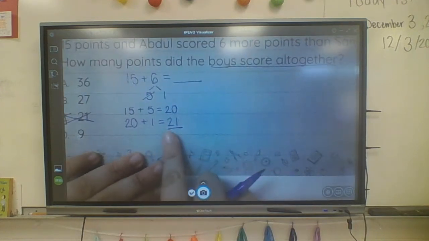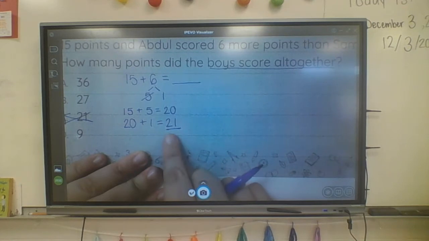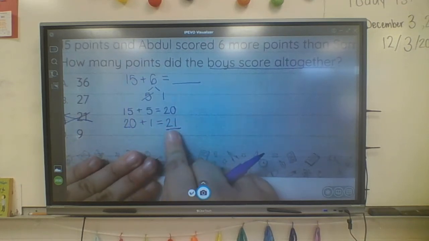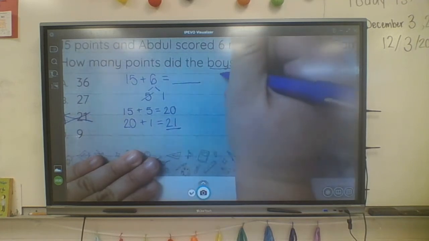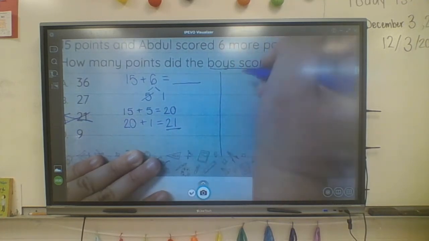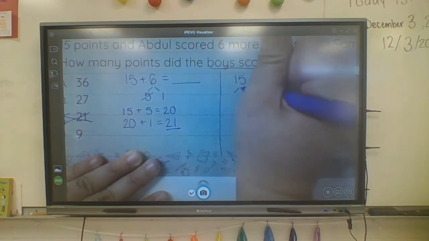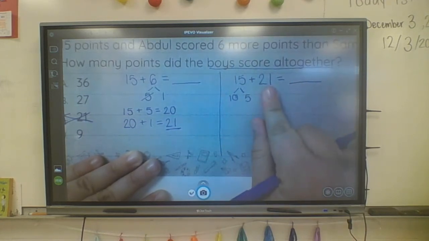So to figure out how many the boys scored all together, I'm going to take my 21 and my 15 that Sam and Abdul scored, and I'm going to add them together to figure out how many they scored all together. And again, I'm going to decompose my 15 because that's less for me to add if I keep my bigger number the same.